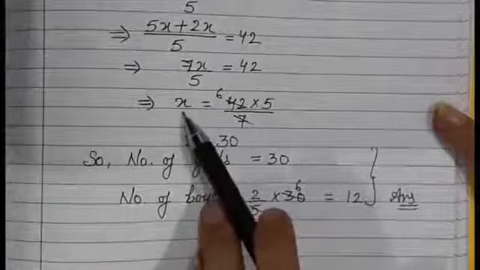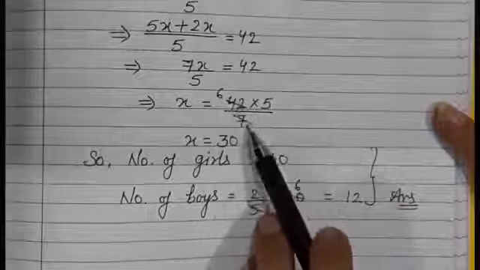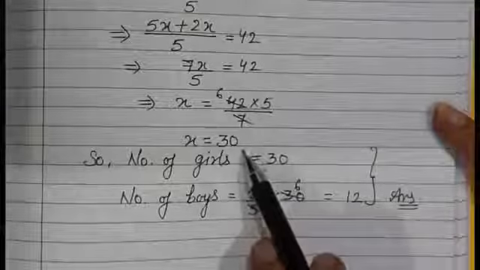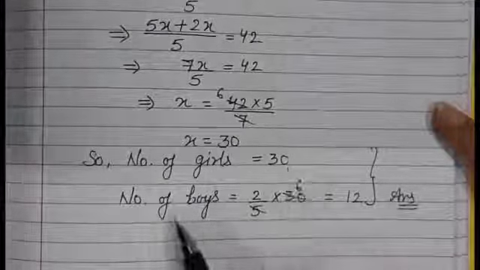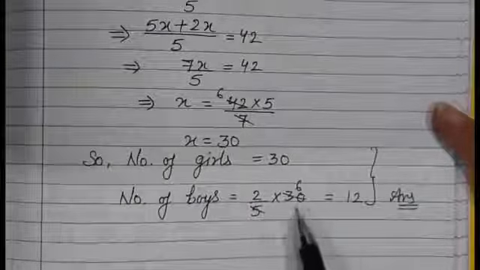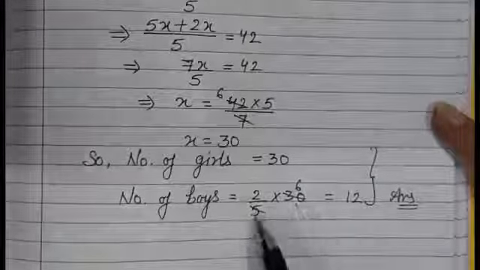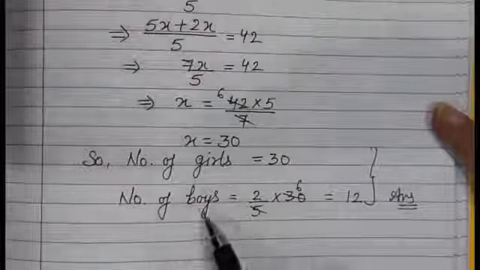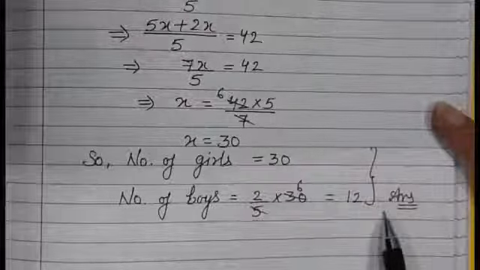So x is equal to 42 into 5 by 7. When we solve, the value of x will be equal to 30. So that means the number of girls is 30 and the number of boys is 2/5 of the number of girls, so 2 by 5 into 30. When we solve, 12 will come. So the number of boys is 12 and the number of girls is 30.